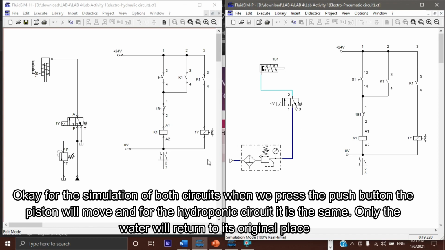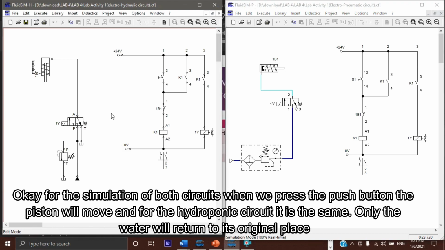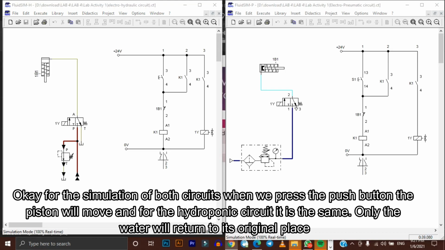It is the same with the hydraulic circuit, only the water will get out. The piston will move, and the water will return to its original place. Okay, we look at the question.